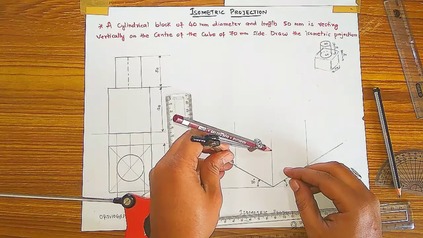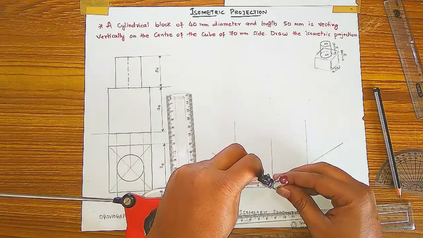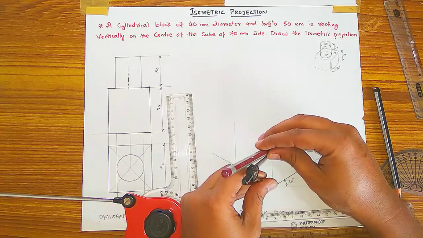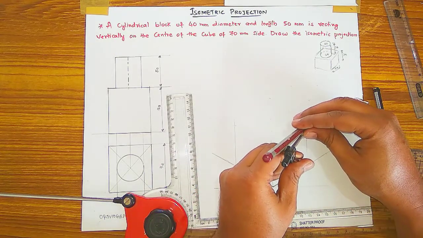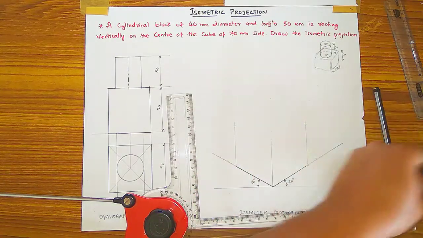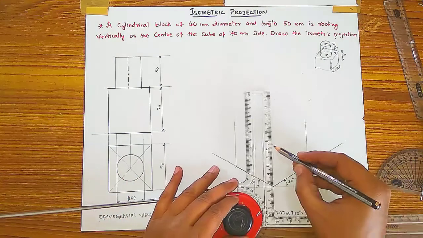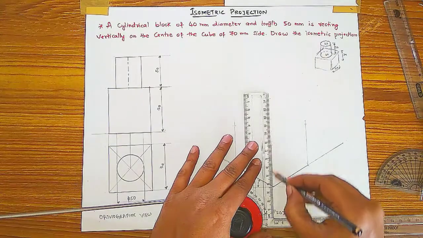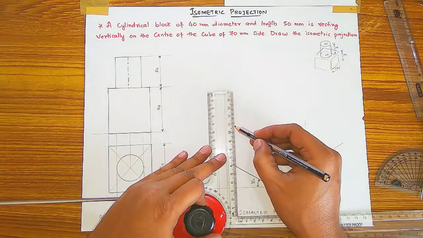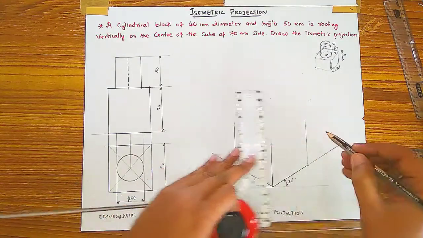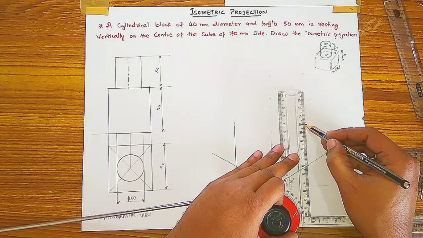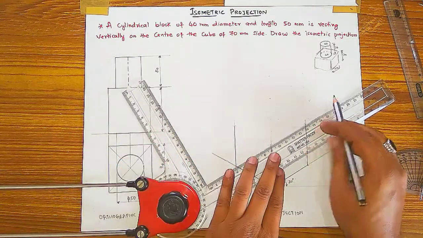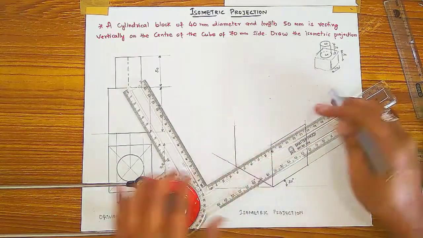Then measure this length and draw the arcs like this. You will get the same distance. So dark the line also. Then this line also you got. So dark that one also.